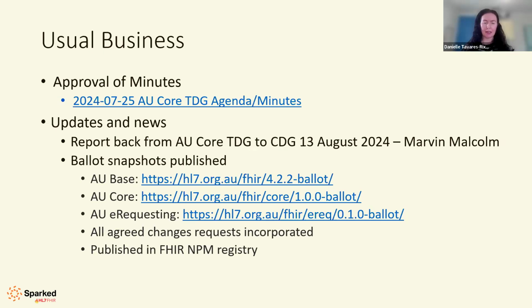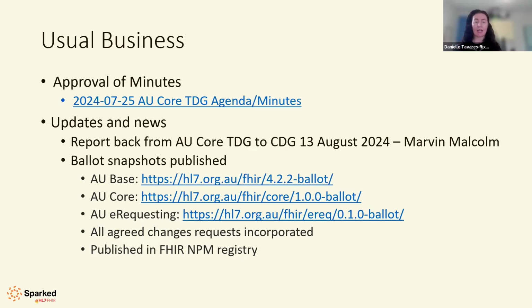The other update is around report back to the CDG, where during one of our recent meetings on AU CDI R1 reconciliation, it was raised that we should do a report back really to the CDG on where we've got to, and actually do that in the CDG meeting.